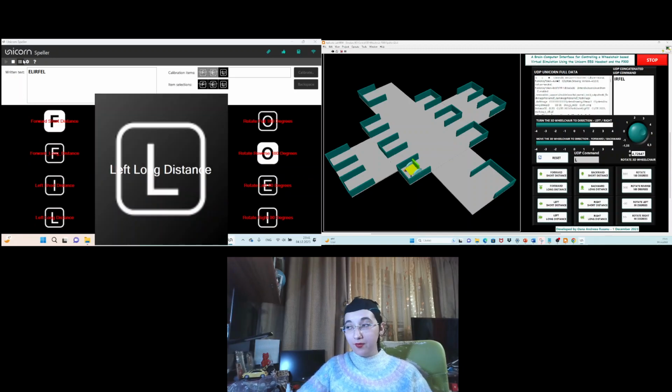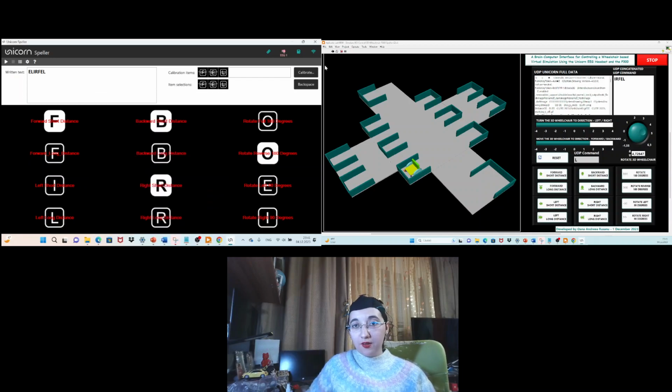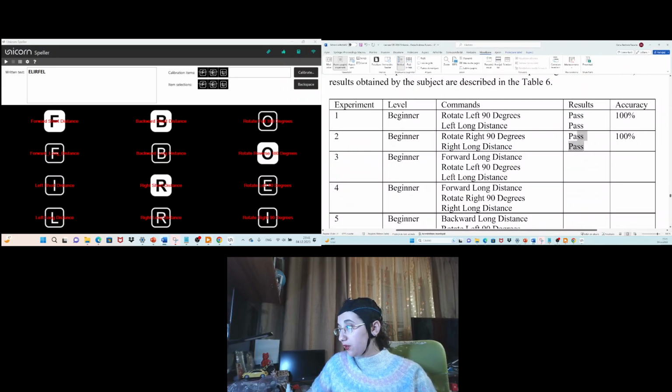Really nice. You can see the wheelchair reached its destination. Reset, and here are the results. 3 pass results, and also the 100% accuracy.